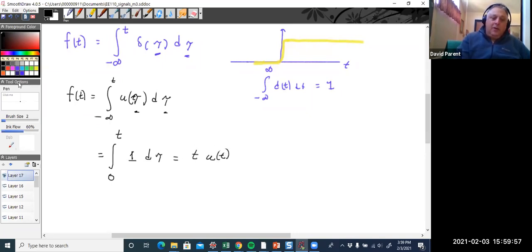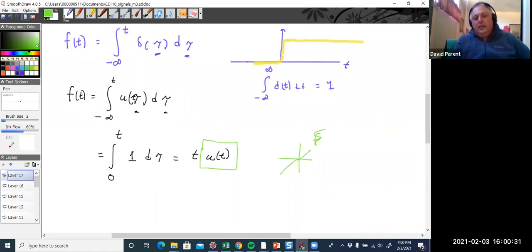And this is the important part right here. Why did I just rewrite that step function? Where did that come from? Well, I wasn't just integrating t, right? I wasn't just integrating that way. That step function had no area.